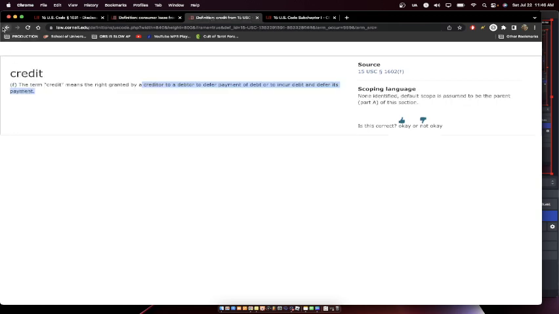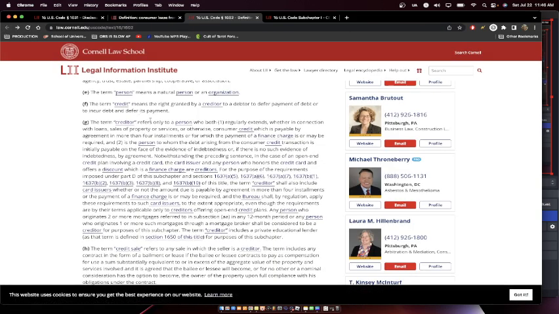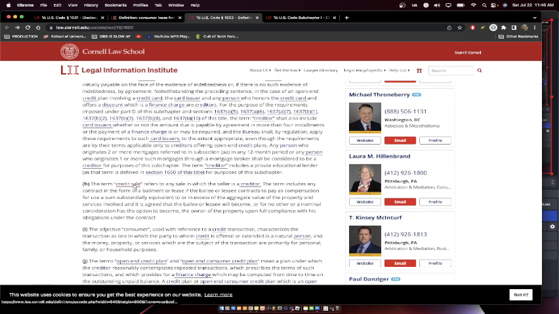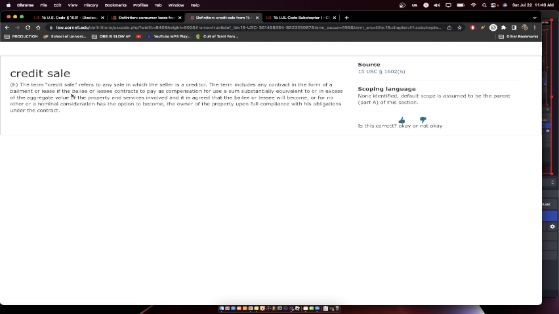Okay, let's see what credit sale is. Any sale in which the seller is a creditor. Any contract in the form of a bailment or a lease. Excuse me?